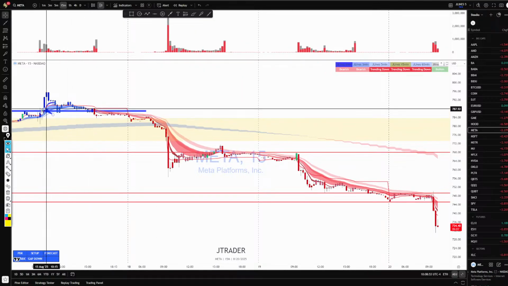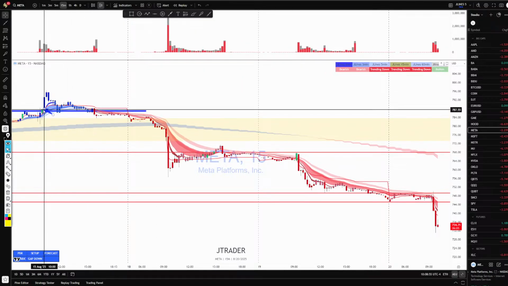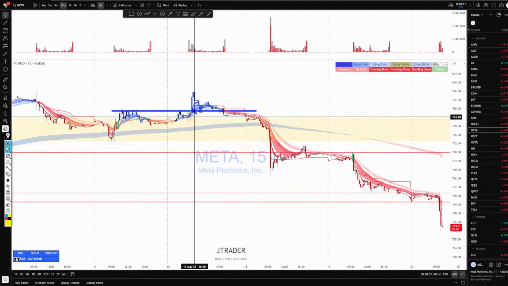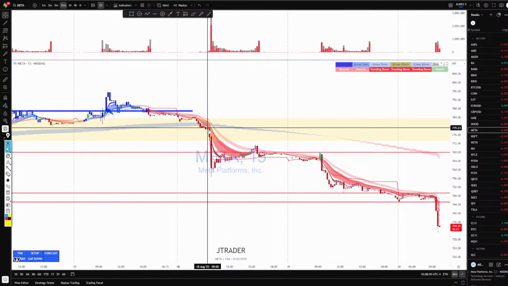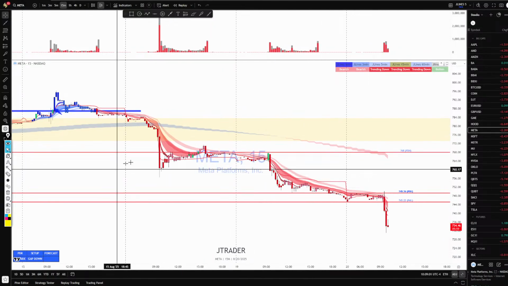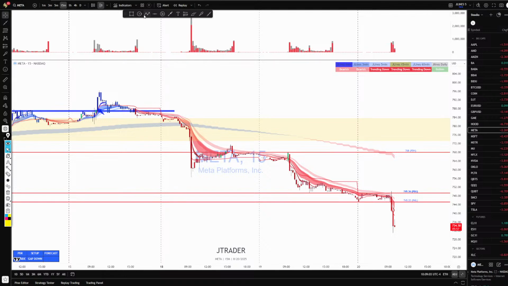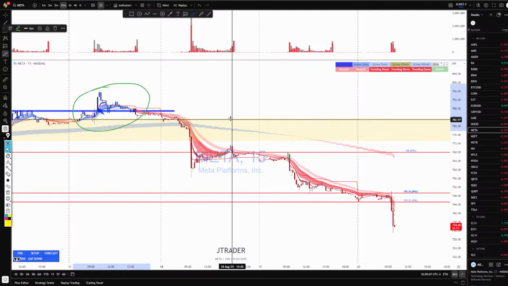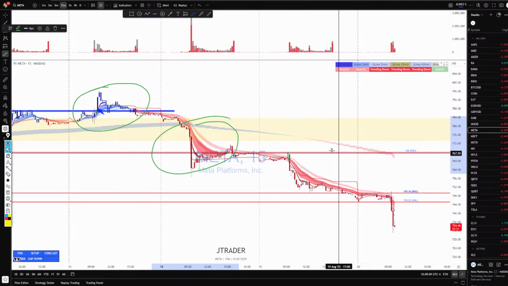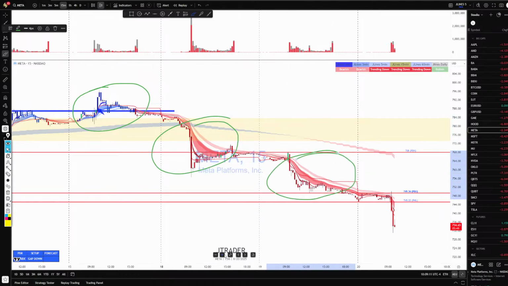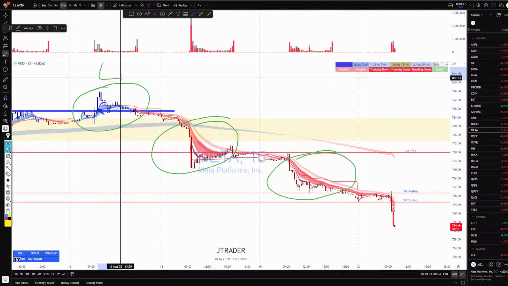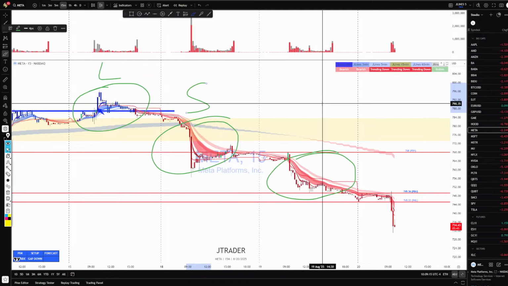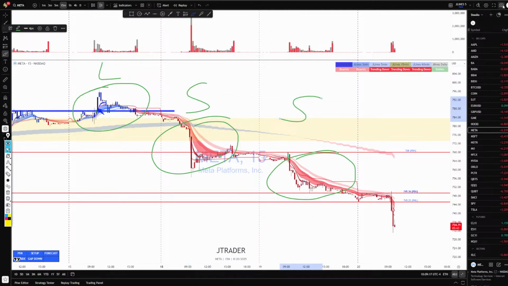On the 15th at the open, we had a long play. But then once we fill the JLines, it's all short. So the system is very, very easy. This part is where you go long. This part is where you go short. So this over here is a long, this is a short, and this is a short. You understand it?